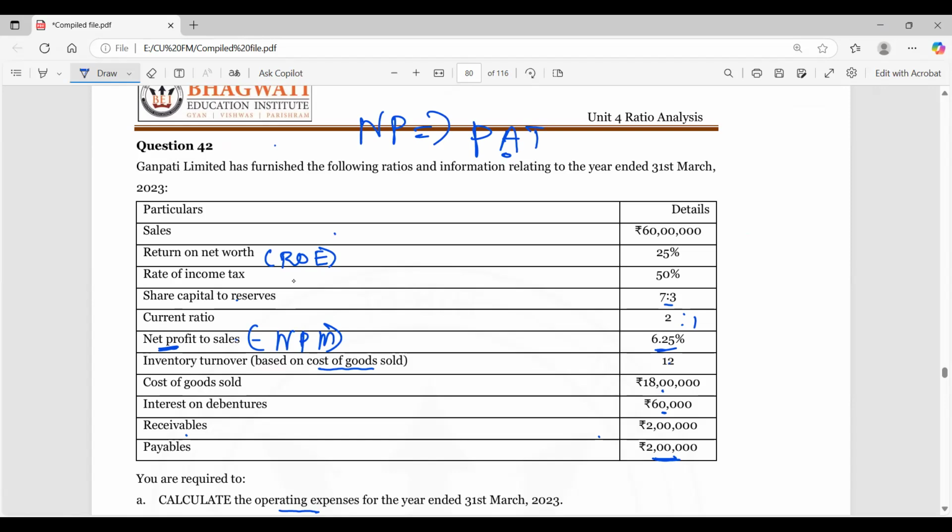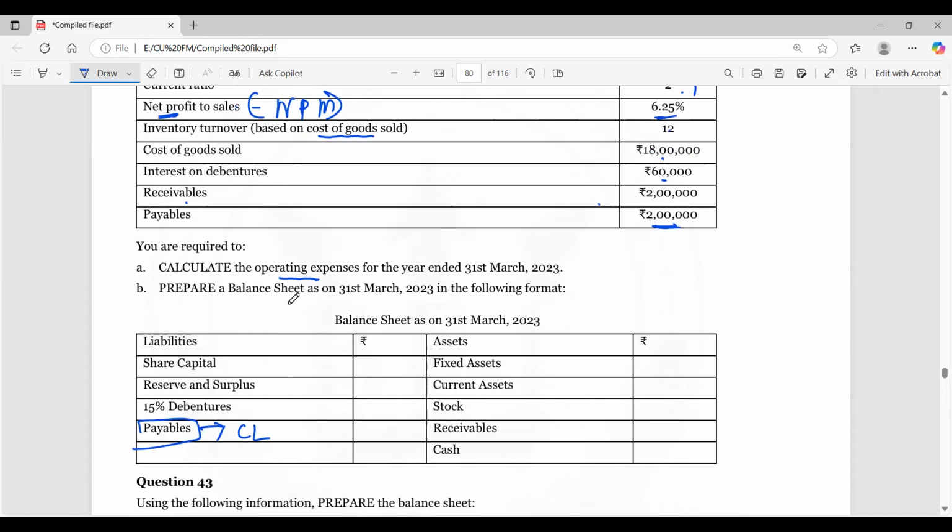If they are asking us to prepare a P&L statement, we use that old format, and there we are not showing any taxation. In your study material, no questions, it was shown like that. In this question, since we are calculating operating expenses, we are using this vertical form. But if the question requires you to prepare a P&L statement, we will use the old method, this horizontal method.